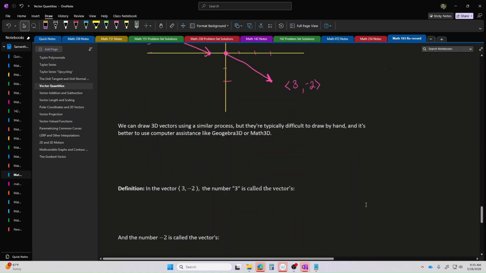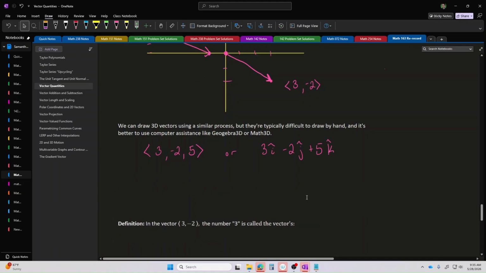Now, three-dimensional vectors can be represented similarly. In math notation, you might see, for example, something like 3, -2, 5, representing a three-dimensional vector. In physics, you might see something like 3i hat minus 2j hat plus 5k hat, representing this vector.